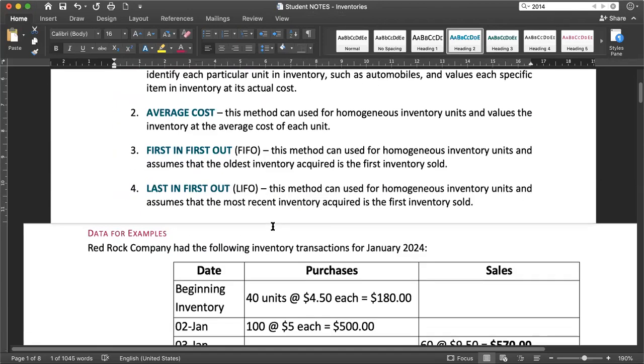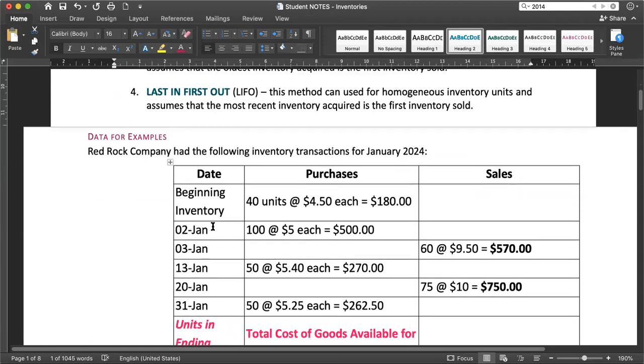For example, on the 3rd of January, they sold 60 units. They're going to record revenues of $570. Now, what will be the cost that we record for these 60 units? That just depends upon which method we use.